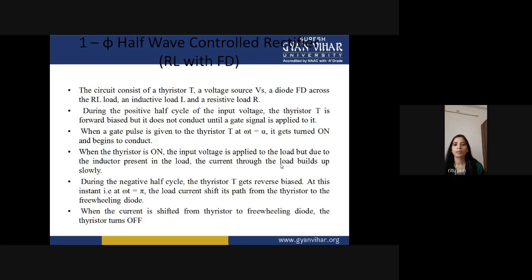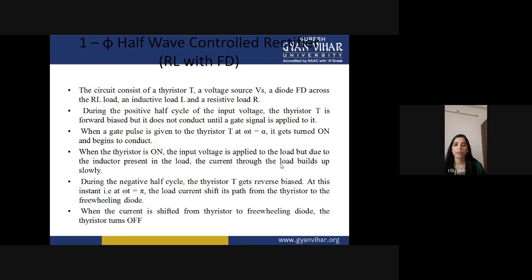So when a gate pulse is given to the thyristor T at omega t equal to alpha, it gets turned on and begins to conduct. Now, when the thyristor is on, the input voltage is applied to the load, but due to the inductor present in the load, the current through the load builds up slowly.